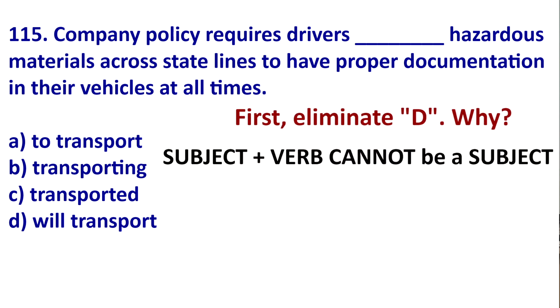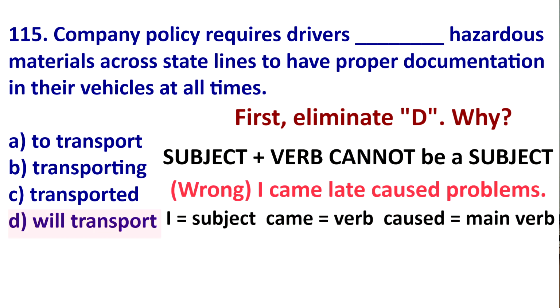First, eliminate D. Well, honestly, this is just basic grammar. Subject verb cannot be a subject. For example, "I came late caused a problem." This is wrong because caused is my main verb and "I came late" is subject verb.